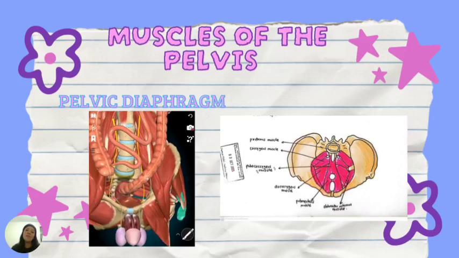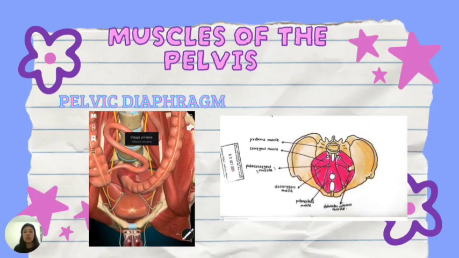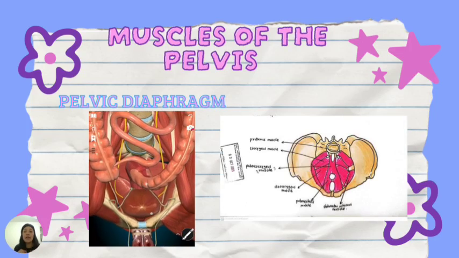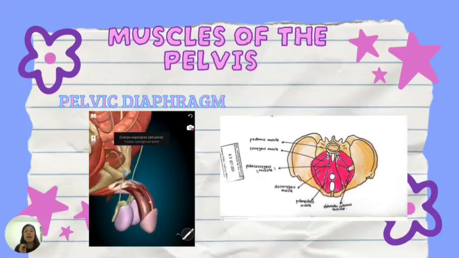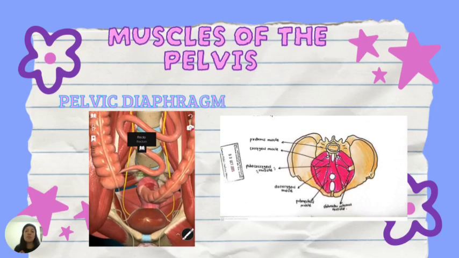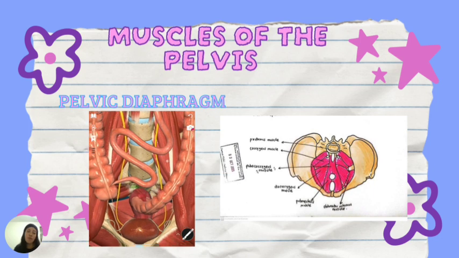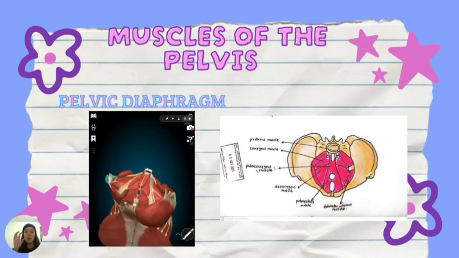Then we have the puborectalis, which loops around the rectum and is crucial for fecal continence. And the last are the iliococcygeus muscles, which lift and support the pelvic floor during labor and other movements.